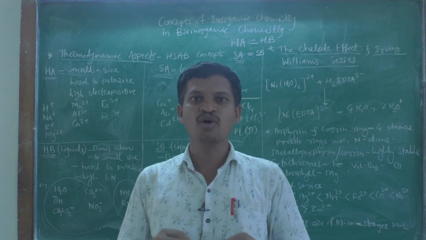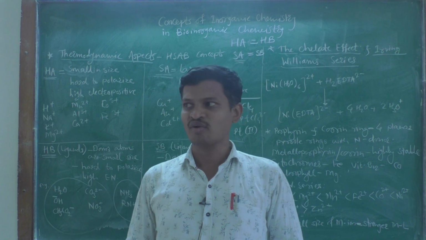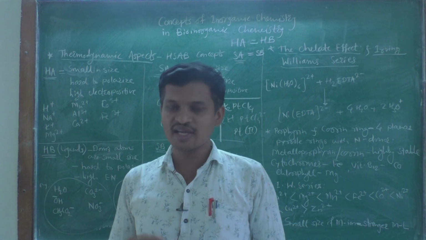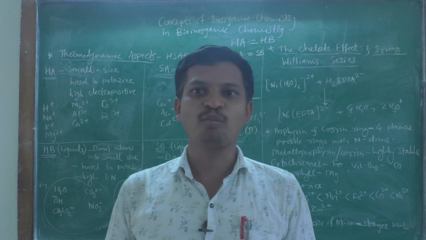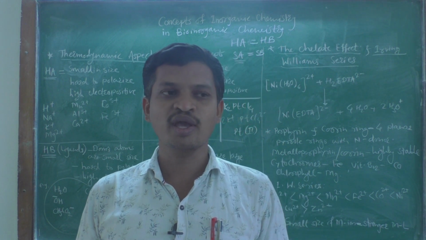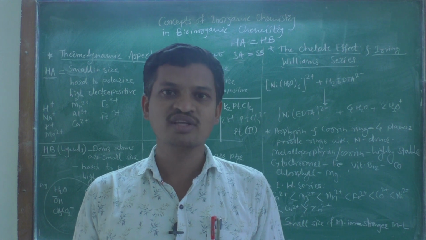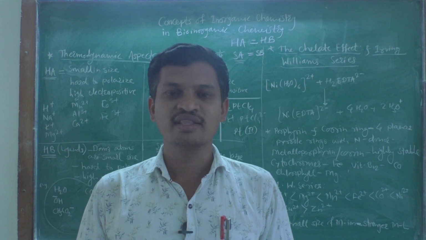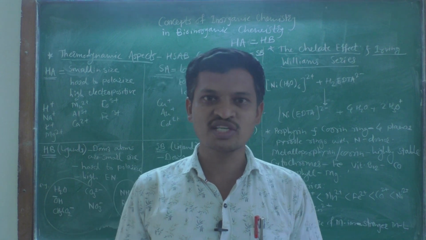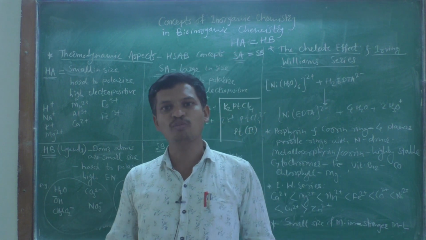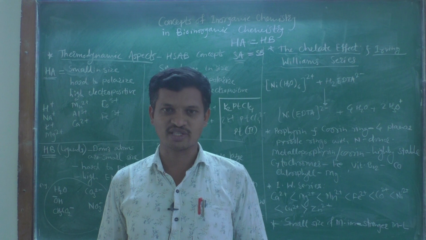When such a polydentate ligand forms a coordinate complex with the central metal cation, that process is called chelation, and the resulting coordinate complex is called a chelate complex.